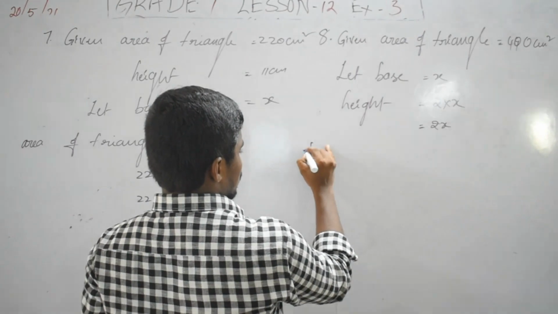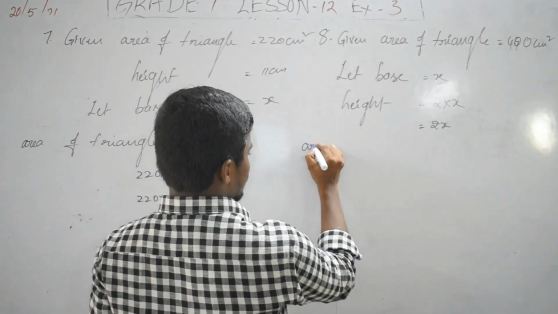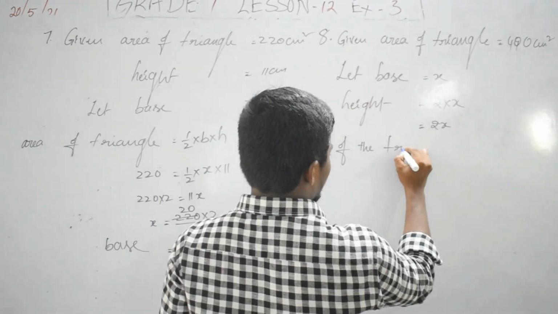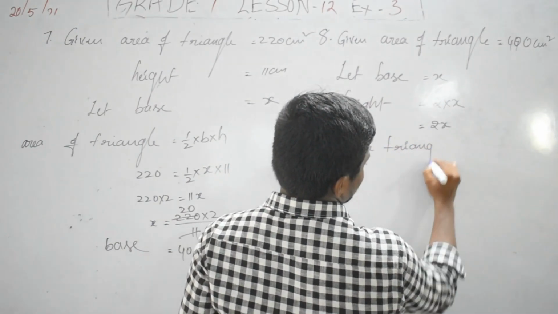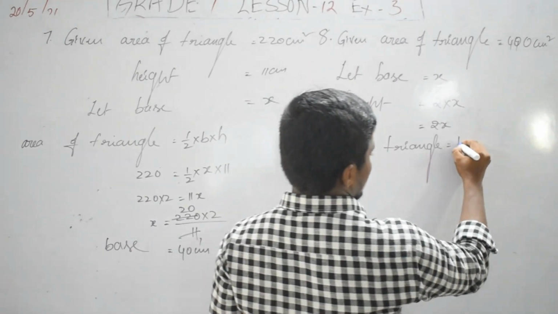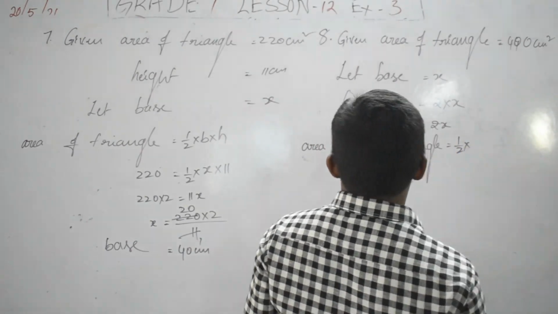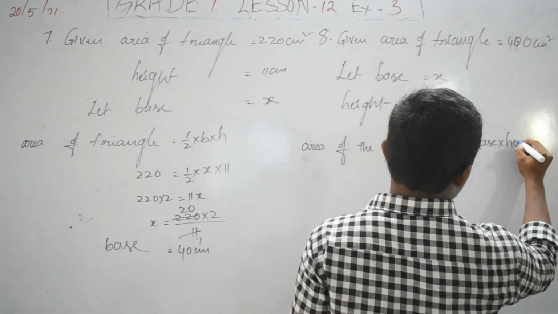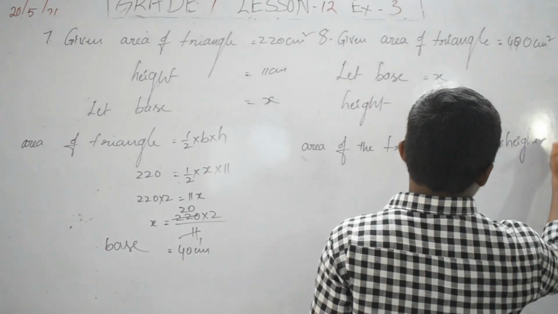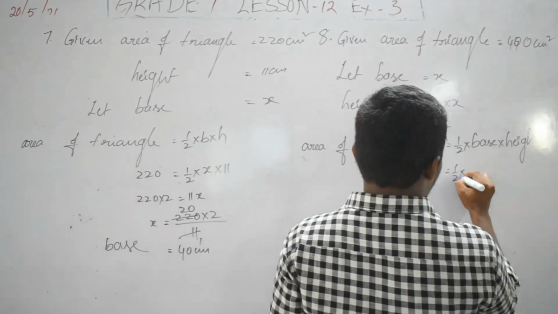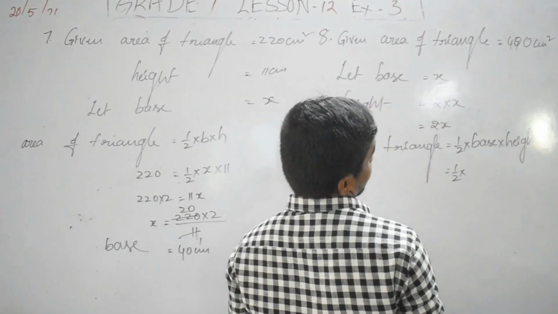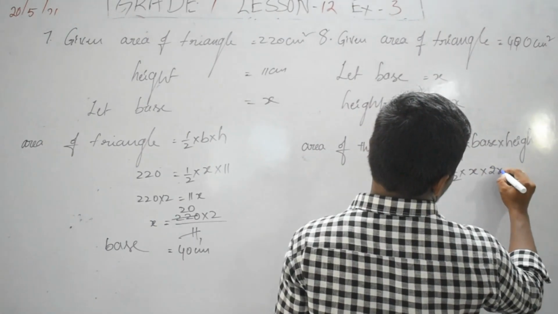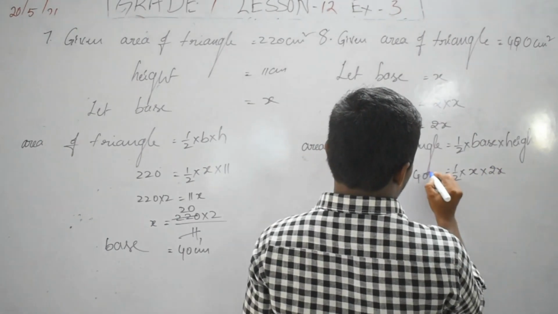Area of the triangle equals half into base into height. Base is x, height is 2x, area is 400.